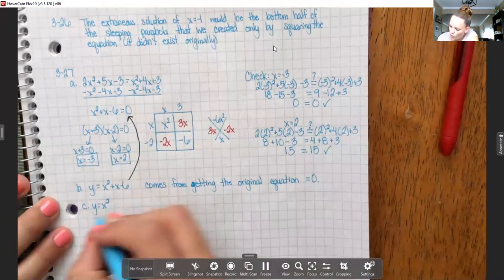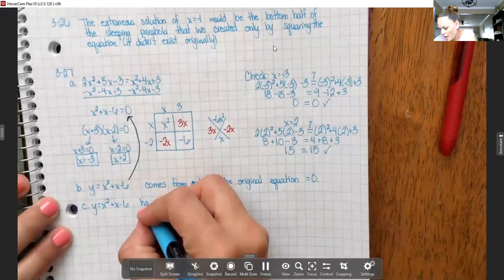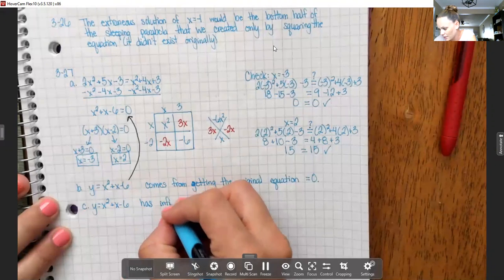So this equation, y equals x squared plus x minus 6, has infinitely many solutions.